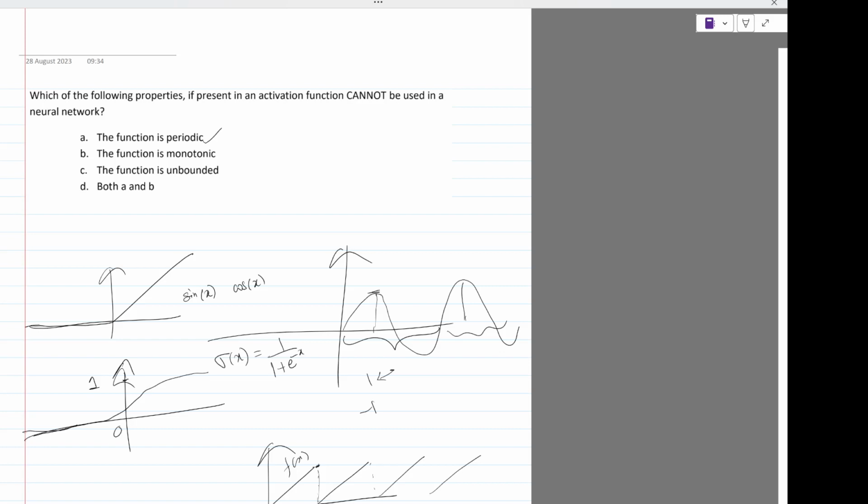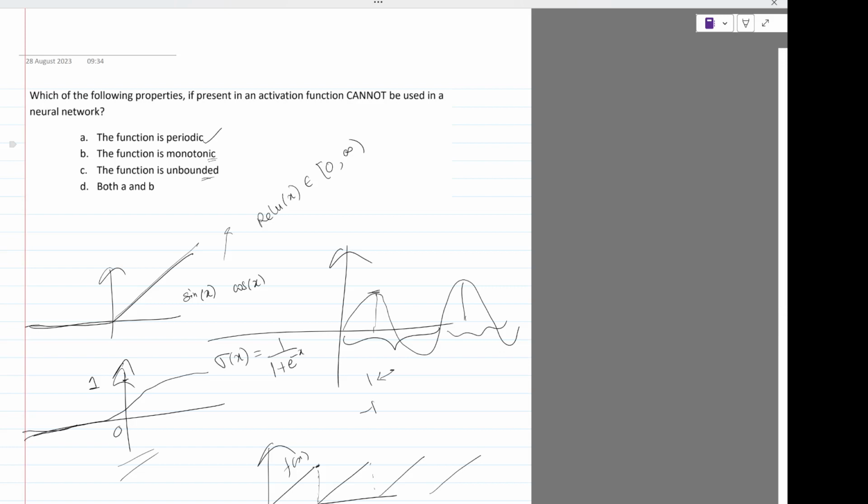So this is also a monotonic function, sigmoid. The function is unbounded. So this ReLU function is unbounded above. The ReLU range is between 0 to infinity, right? So it is unbounded above. So these properties are fine.